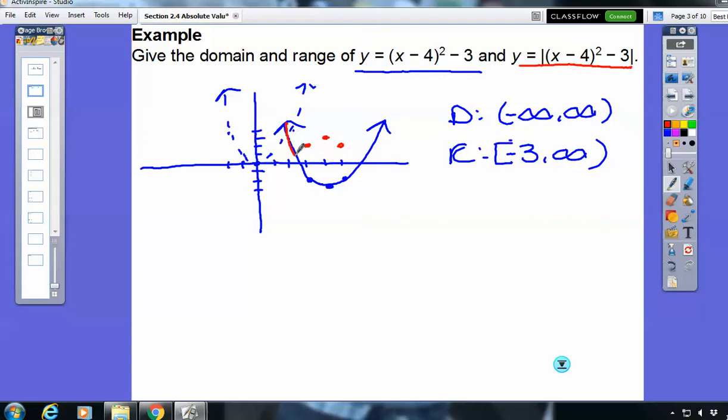What this graph does, the positive parts stay the same. The negatives get flipped. And so my absolute value looks like that. It just took the negative parts of the graph and flipped it up. Okay. Did I confuse you by doing it on the same graph?